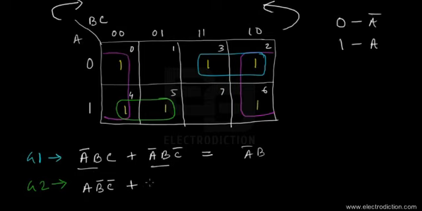Then plus, we're going to add it up with the min term for cell 5. So we again have A as the non-complementary value. For cell 5 we have B as 0 and C as 1, so we're going to write it down as B bar C. Let's see what we have common here.